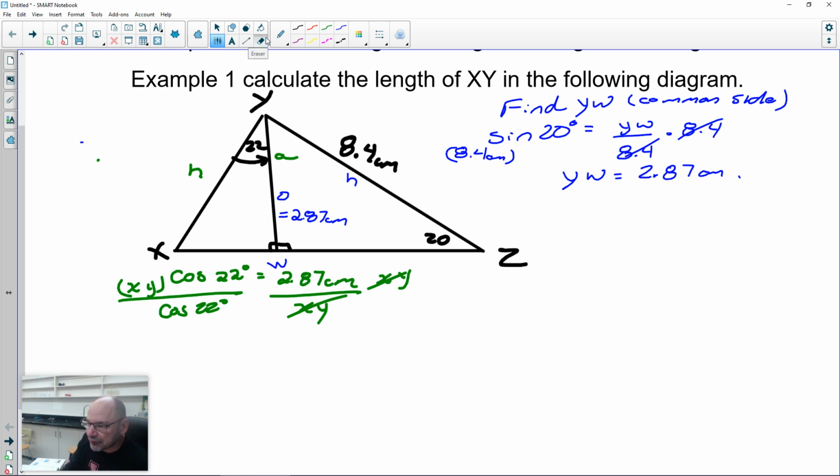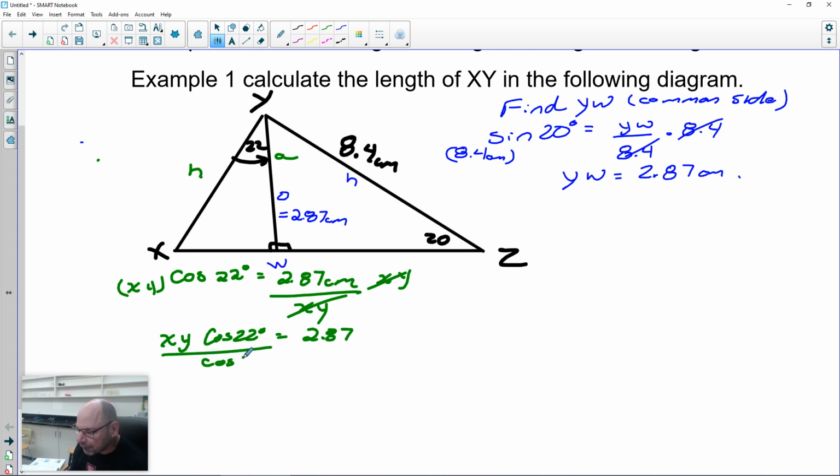Actually, I should do that in a different step so it's not so full of things there. So we'll do that. It's XY times the cosine of 22 degrees equals 2.87. Okay, now I can divide by cosine 22. Okay, so that leaves me with my answer that I'm looking for.